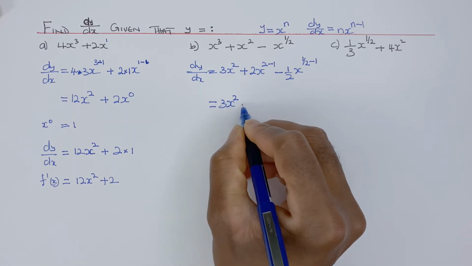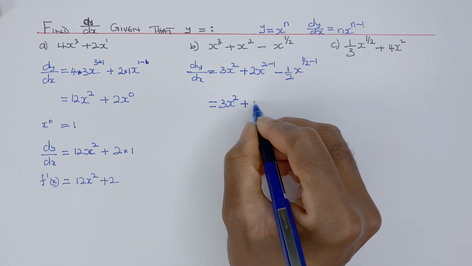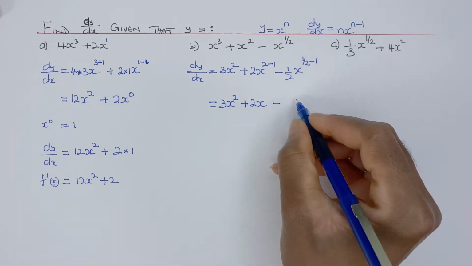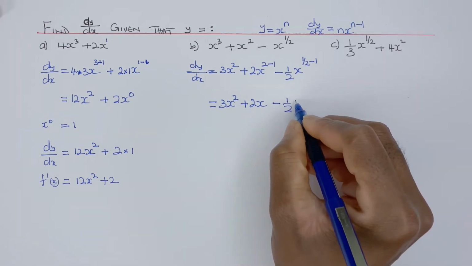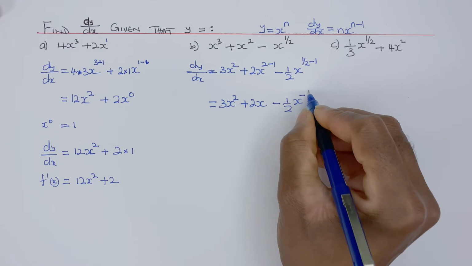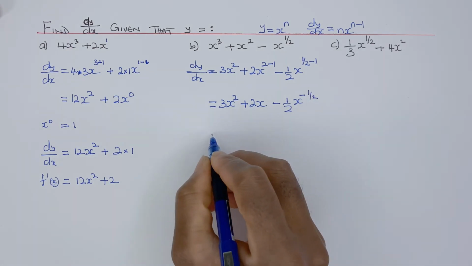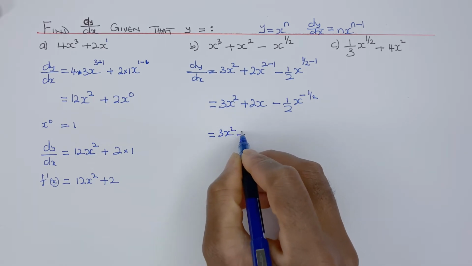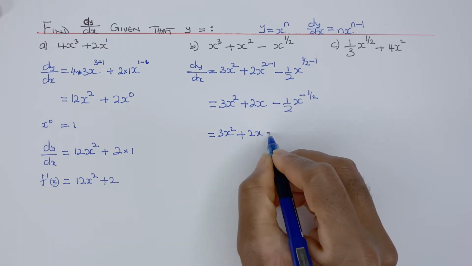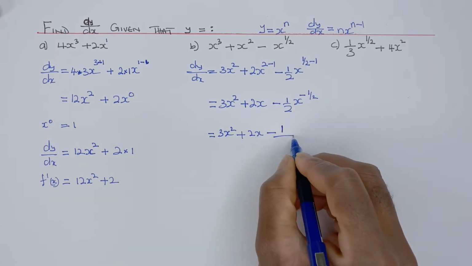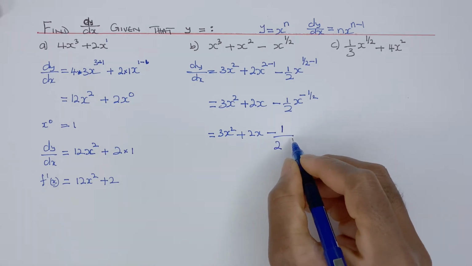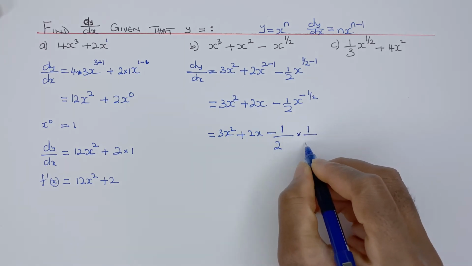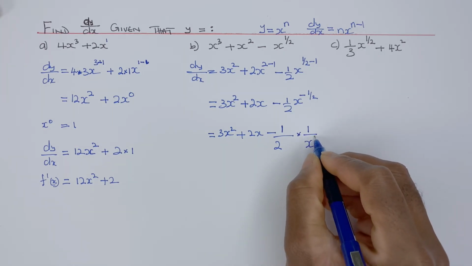And that will be 3x squared plus 2x to the power 1 minus a half x to the power minus a half, and that will be 3x squared plus 2x minus 1 over 2 times 1 over x to the power a half.